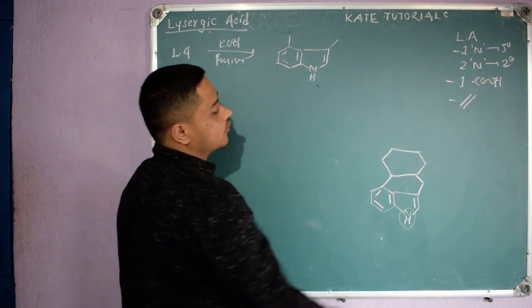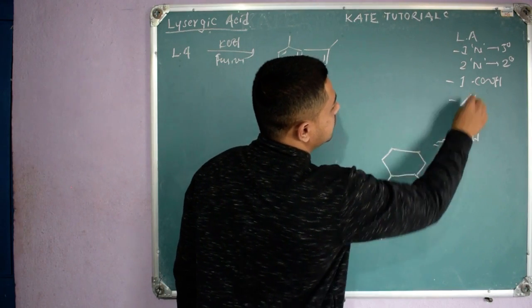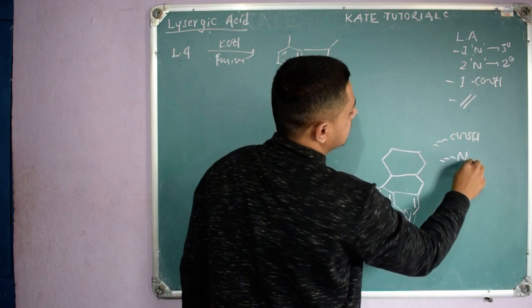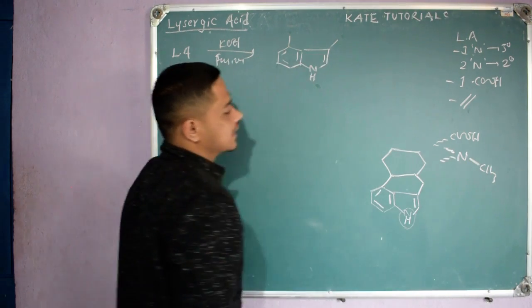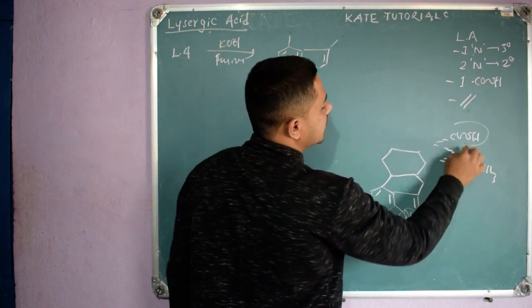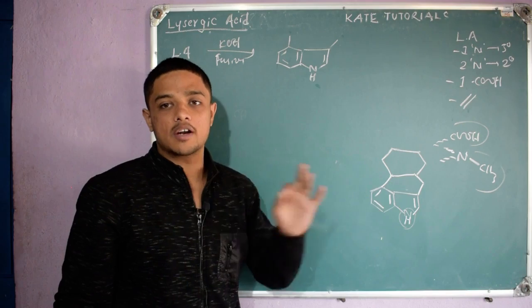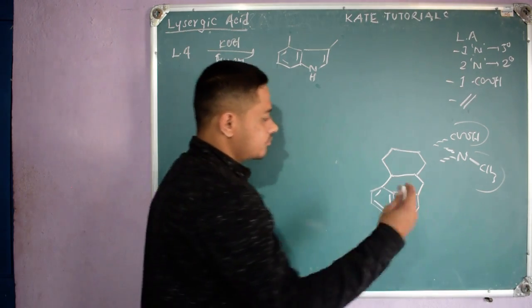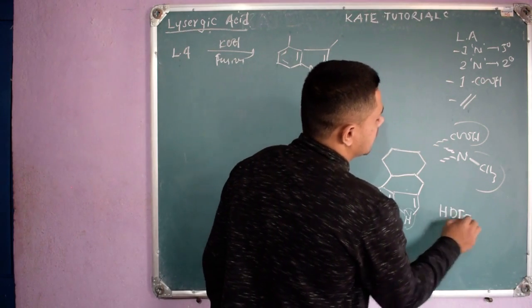Now they have to tell the position of COH and the position of one more nitrogen, which is tertiary. Tertiary means it is attached to CH3 like this, right? So this is tertiary. They have to give the position of COH and nitrogen, and these rings they gave based on the hydrogen deficiency index, that I have told you, HDI we call.